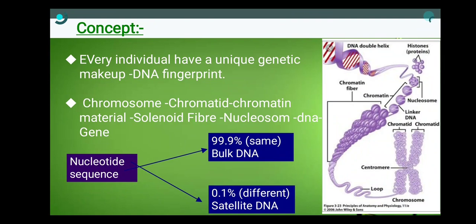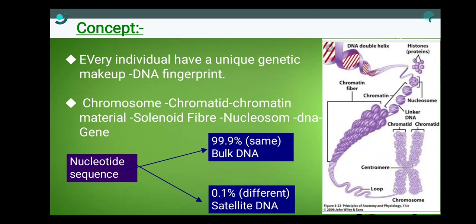DNA has a long sequence of nucleotides, that is the nucleotide sequence. On the basis of variation, this nucleotide sequence is categorized into two categories. The first one is bulk DNA.